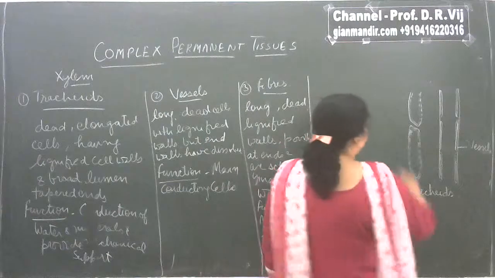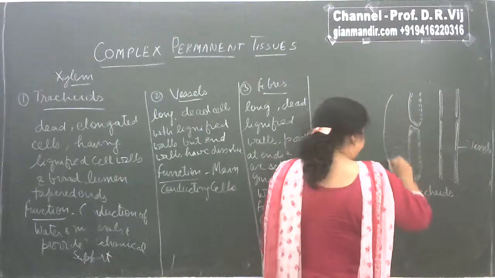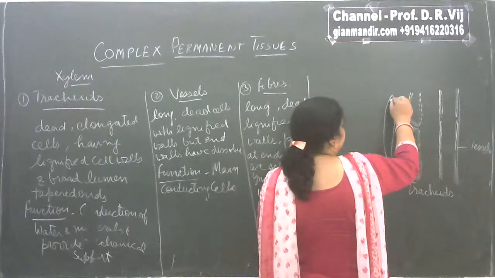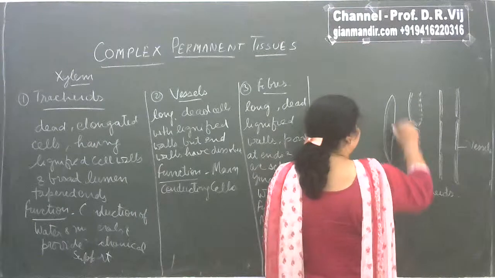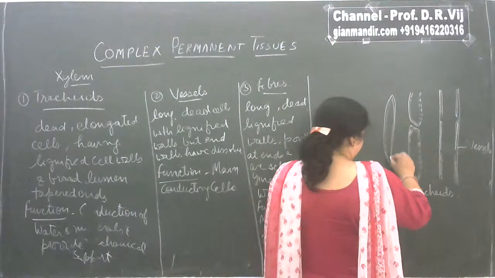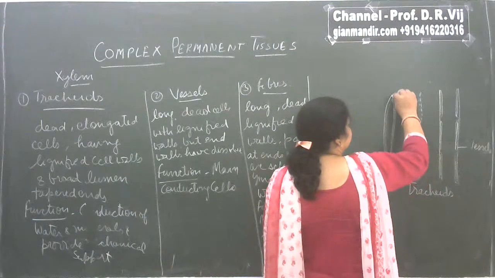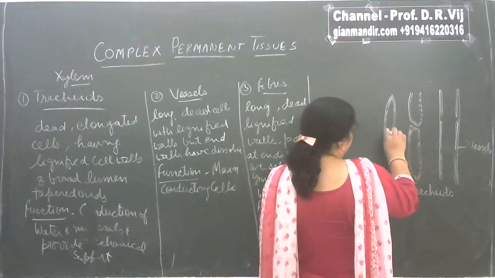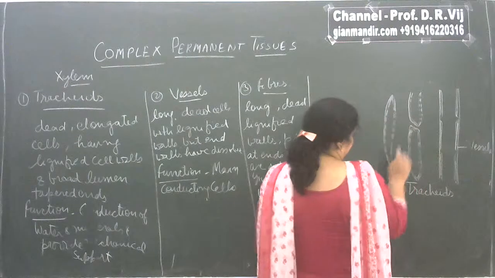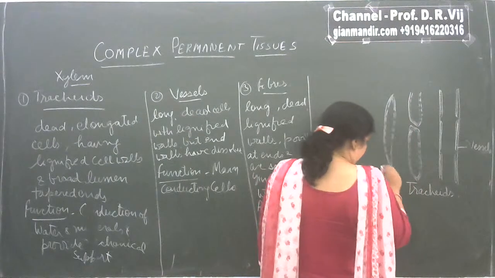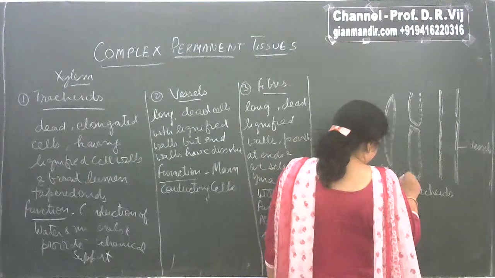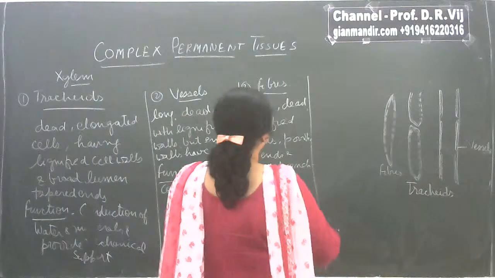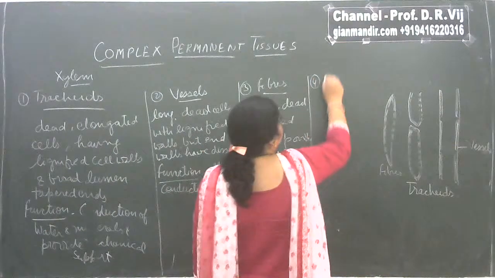If you look at the fibers, these kinds of cells look like long with pointed ends and deposition of lignin, having thick walls, purely supportive in nature, providing mechanical support, and having pits in them. And you can see they have the pointed ends, and these are the fibers, right? And the last component of the xylem is xylem parenchyma.